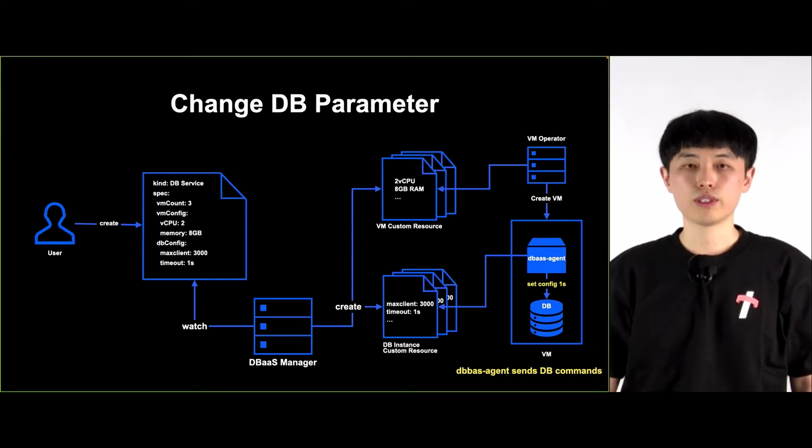As a result, all the timeouts in the DB have been set to 1 second. The communication among the components is done only through custom resources. This is something to note, and this will loosen the coupling among the components.